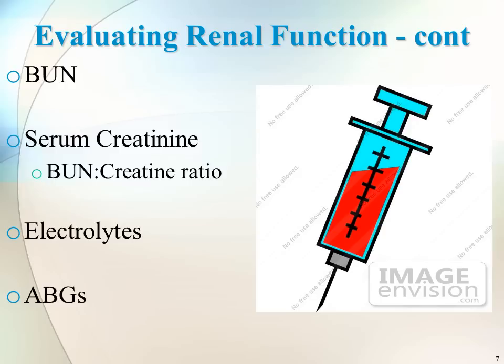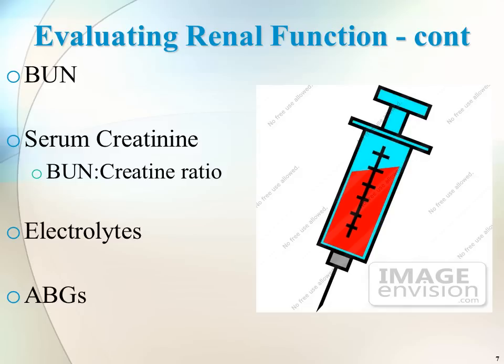So serum creatinine. We talked about creatinine clearance, the amount of creatinine that the kidney is able to excrete in the urine. Now we're talking about a serum creatinine because creatinine is the end product of muscle metabolism. It's filtered by the glomerulus, but like I said before, it does not undergo any other reabsorption in the renal tubules.